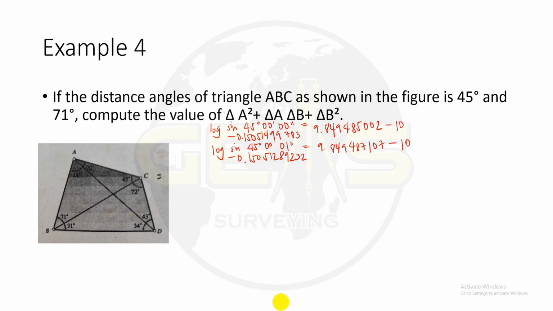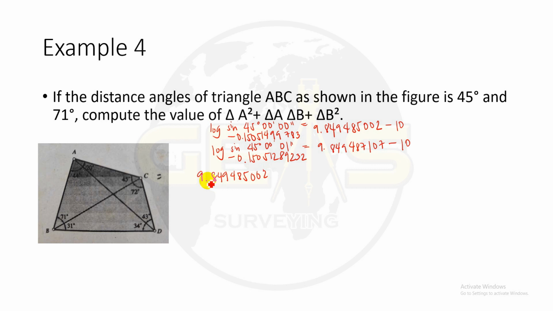Okay, so next step is we will move the decimal point in the 6th place. Okay, so remember that this is the difference per second in the 6th decimal place of logarithm of sine of these distance angles. Okay, so I'll write again 9.849485,002.